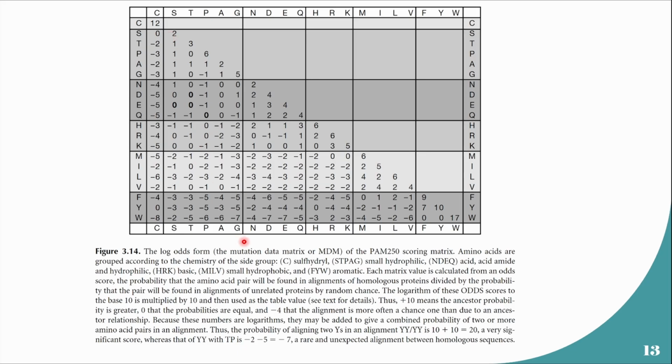Okay. So, for example, if I ask from this particular PAM250 matrix, is it likely or not likely that a glutamic acid will be mutated to a lysine?